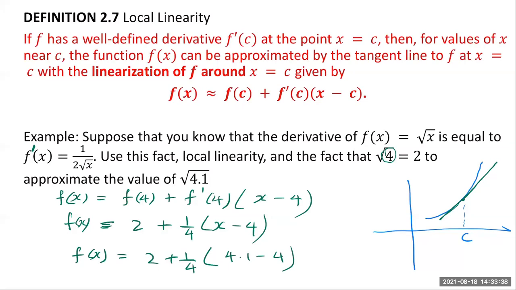Notice that 4.1 is a point very near to 4, which is why you can do this. If the value is far away, you cannot do this. That's why it's called local linearization. Your x values have to be close to the value c.